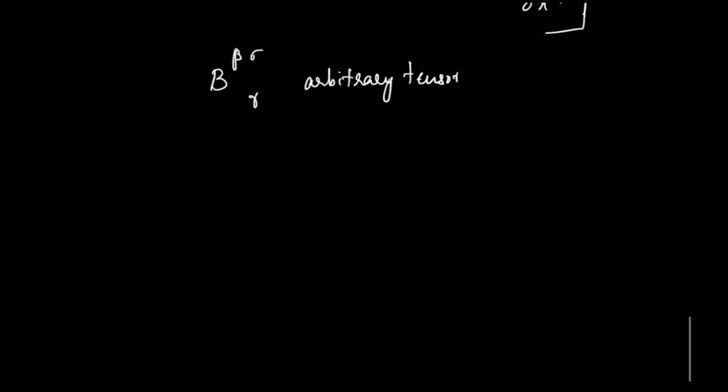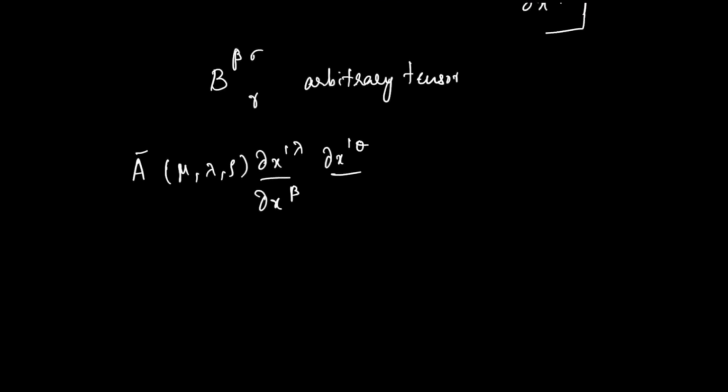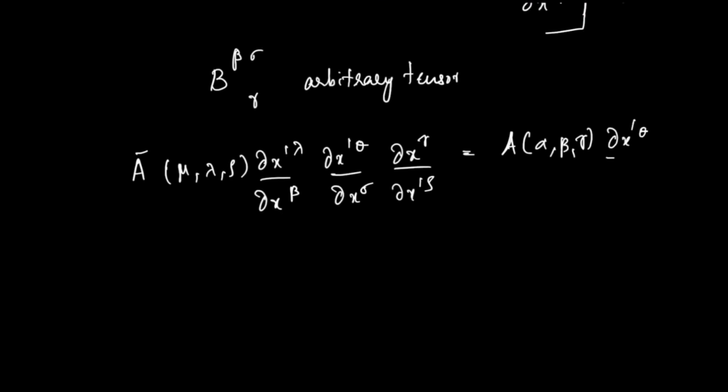If that is the case, then I can write A bar mu lambda rho, partial derivative of x prime lambda with respect to x beta, partial derivative of x prime theta with respect to x sigma, partial derivative of x gamma with respect to x prime, is equal to A alpha beta gamma, partial derivative of x prime theta with respect to x sigma, partial derivative of x alpha with respect to x prime mu.